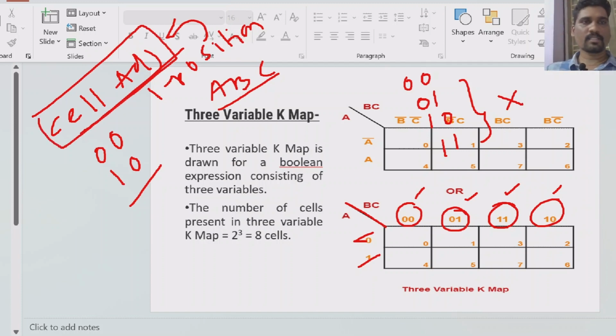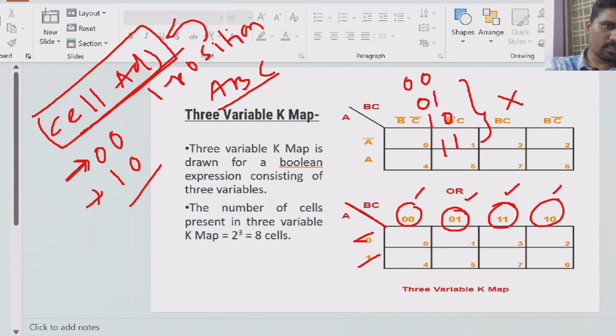What do you mean by cell adjacency? If you are comparing one bit number with another bit number, it should differ by only one bit value. What will happen if it differs by only one bit? The ultimate thing is that if it differs in only one bit position, we are able to reduce the function. I'll show you practically. What is the meaning of one position different?